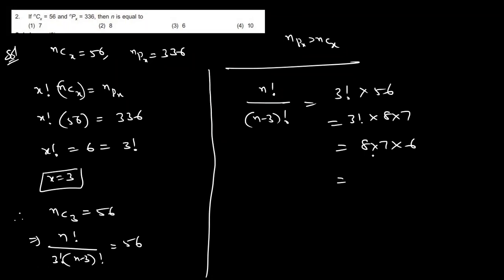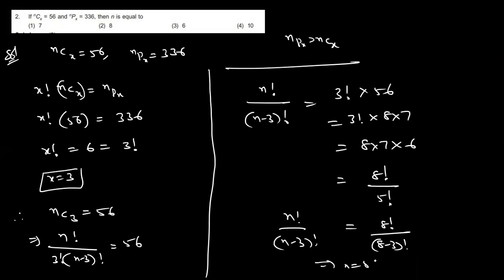How to write this? You can write 8 factorial by 5 factorial, that is 8 factorial by (8 minus 3) into 5 factorial. Comparing, the value of n is 8. Option B. Good, Hemant and Parthivarma, well done.